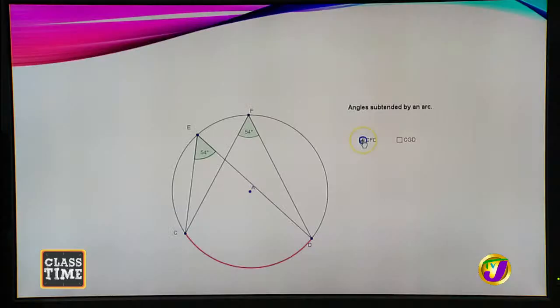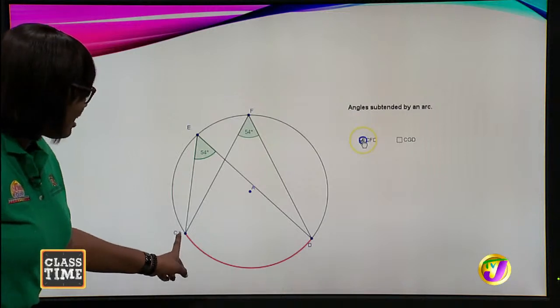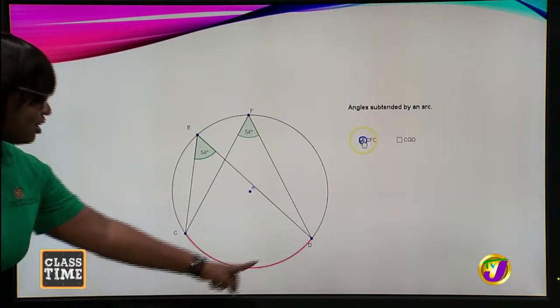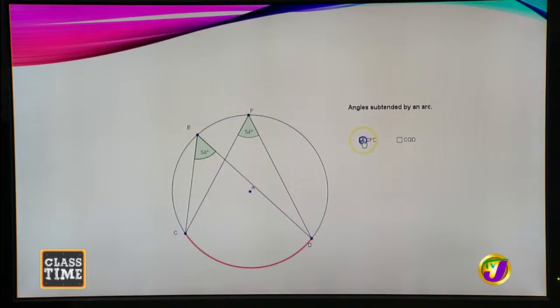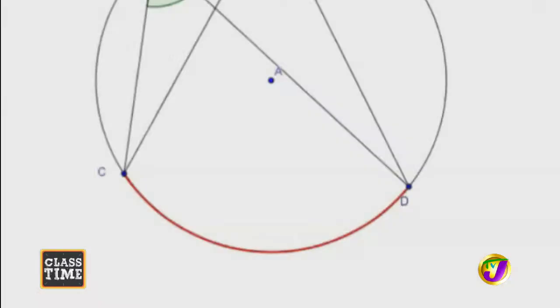But first, before we begin, what are you noticing so far? Guys, you see a little pattern with me. The first thing I notice is the arc. I notice the arc CD on my circumference. The next thing I realize is that this time we have two angular measures at the circumference, and both of them measure the same thing.